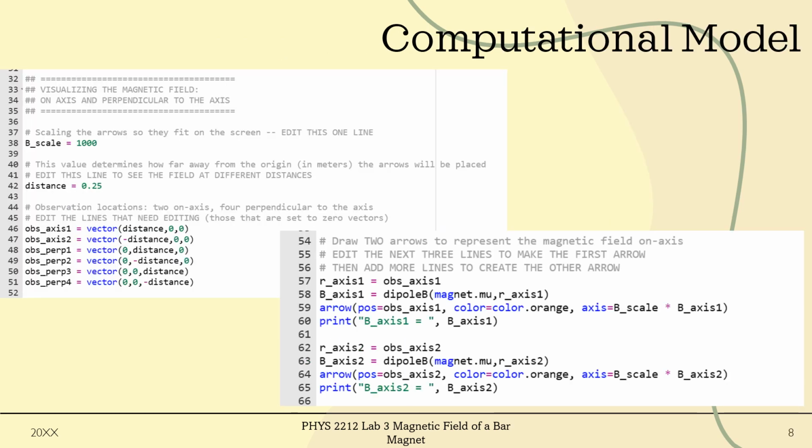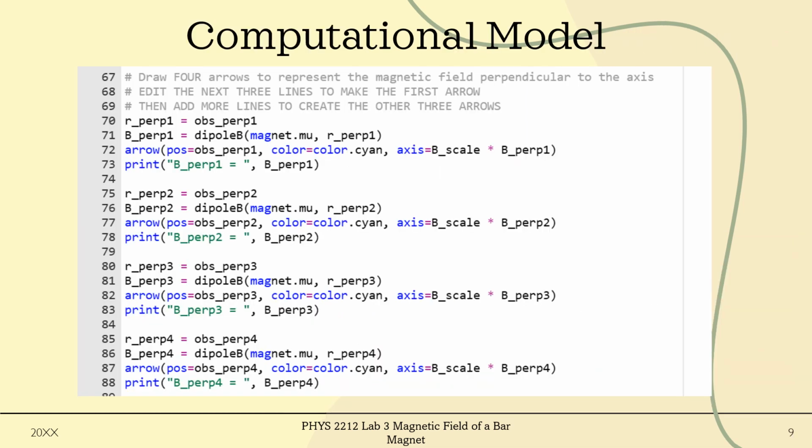Then we defined our observational axes and then made two on-axis observation points with arrows to demonstrate the magnitude and direction of the bar magnet's magnetic field. The same was done, but this time for perpendicular arrows for the magnitude and direction of the bar magnet's magnetic field.